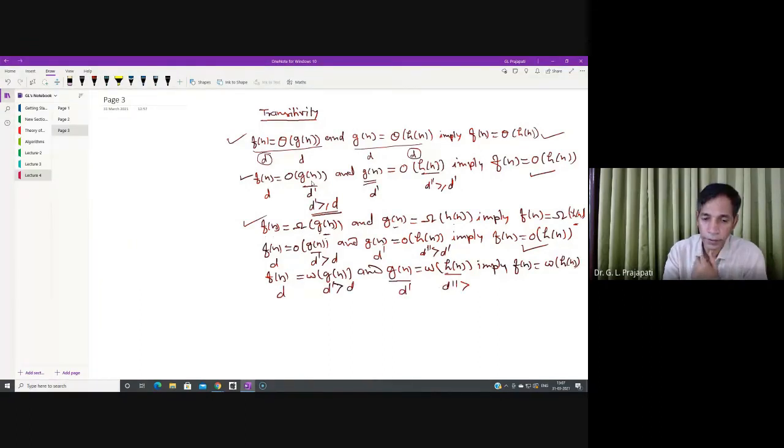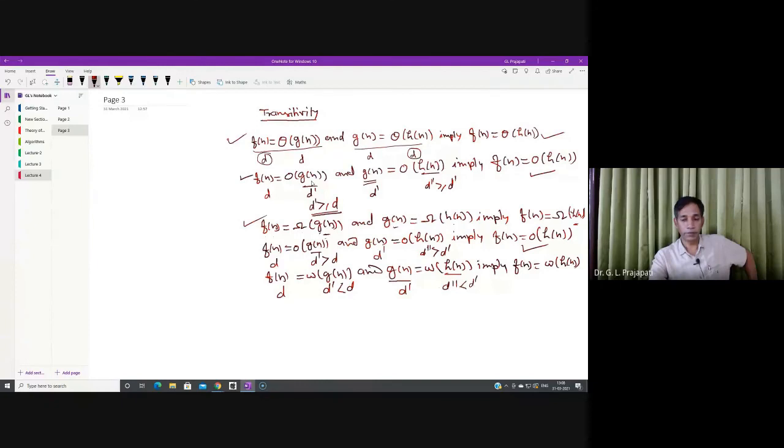Here f of n is d, and it is small omega of g of n. This means degree of f of n is more than g of n. So if g of n degree is d dash, sorry, here you have the condition reversed. Degree of f of n is more than this. So if you have d dash, and degree of h of n is d double dash, then d dash must be greater than this.